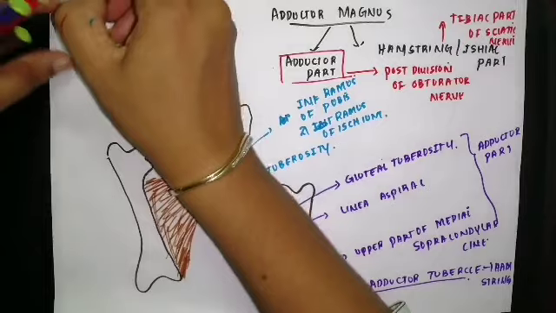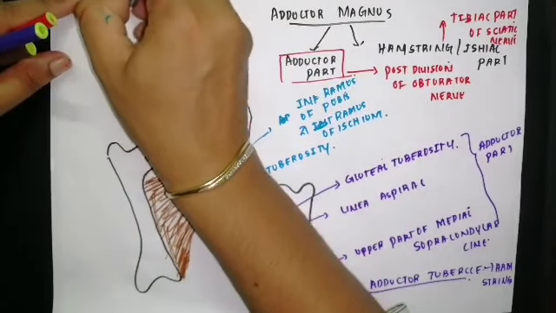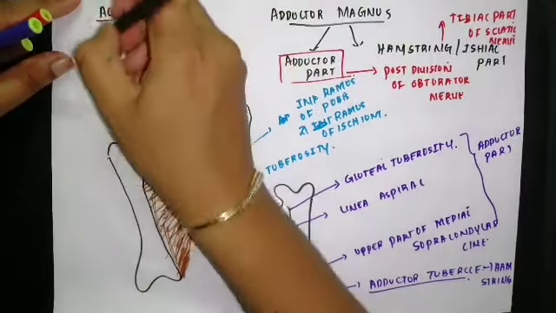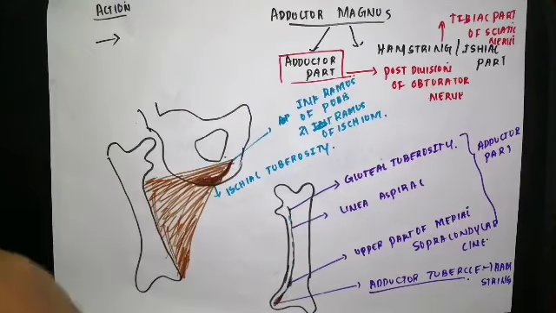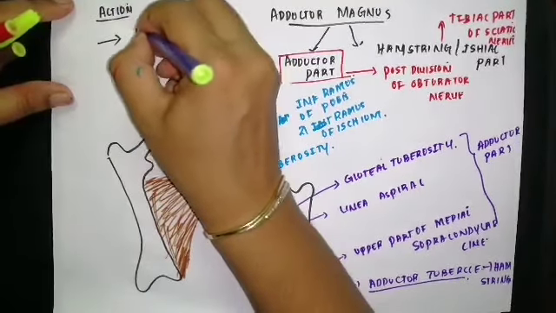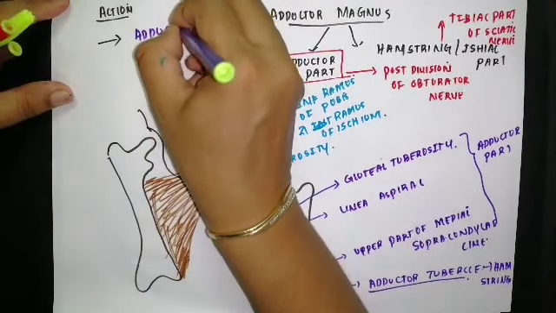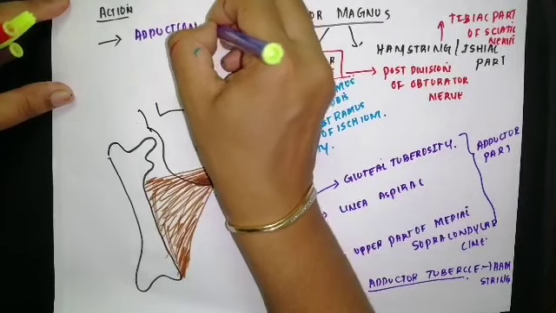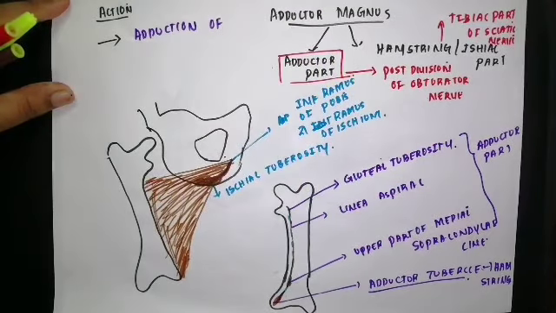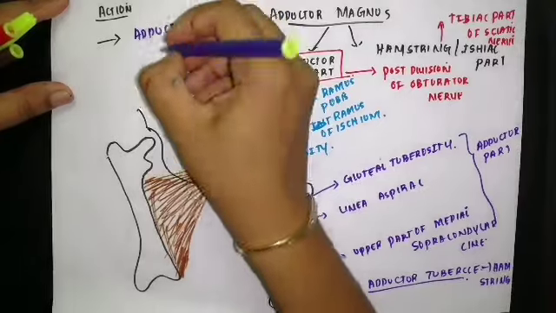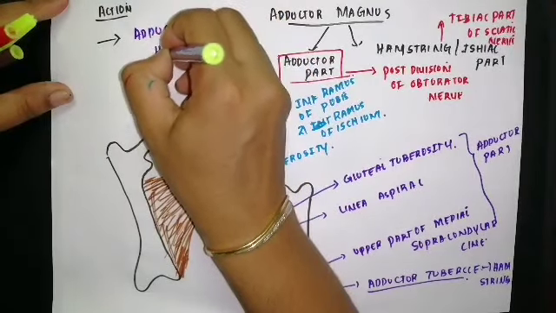Now the action is important. Both the adductor part and hamstring part carry out adduction at the hip joint.